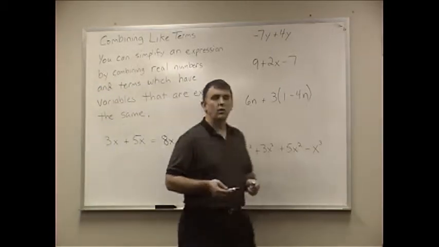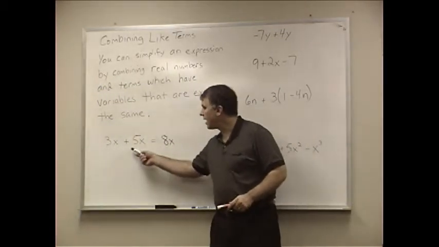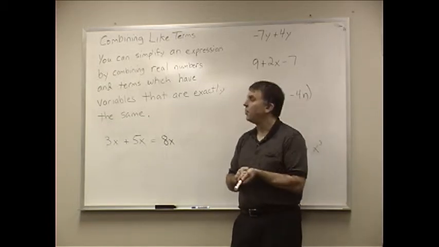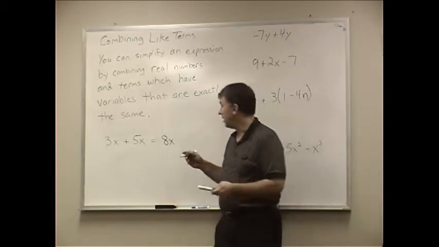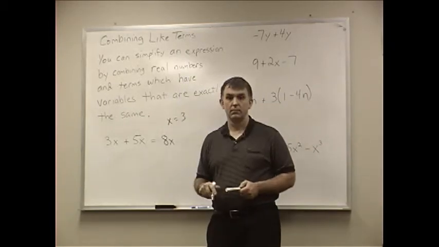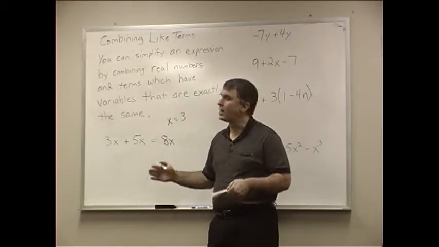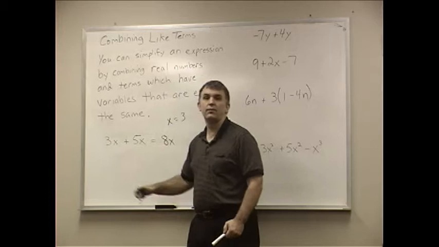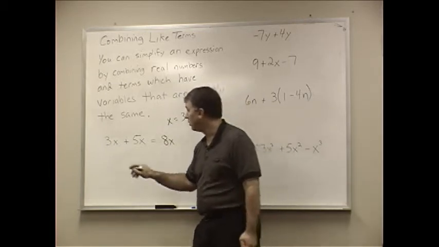Okay, how do I know that 3x plus 5x is 8x? Well, a simple way just to demonstrate it is, what if I tell you x equals 3? Now x can be any number you want. I just randomly picked 3. But we put in a 3 for the x because that's what it equals.